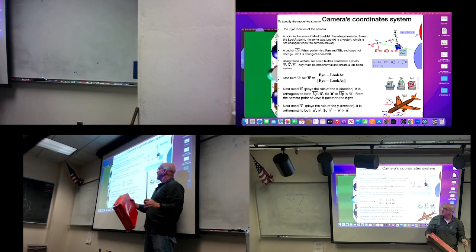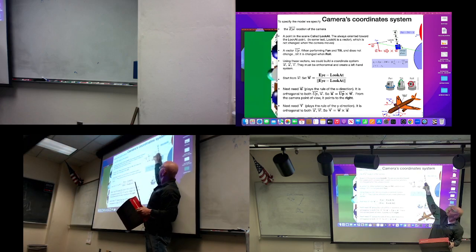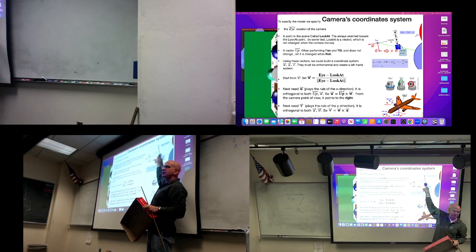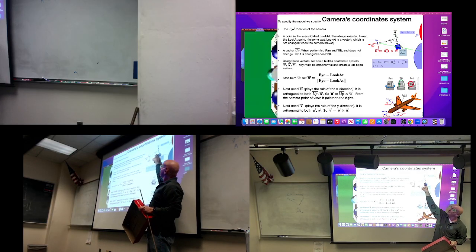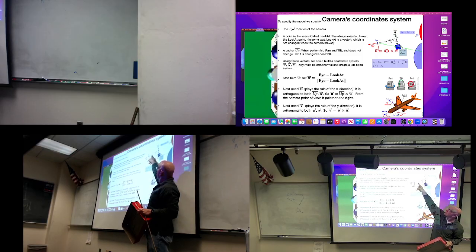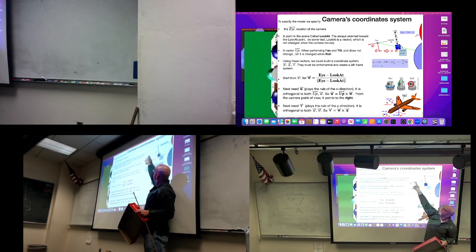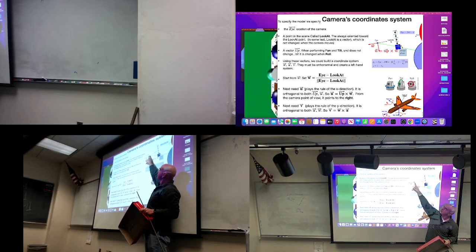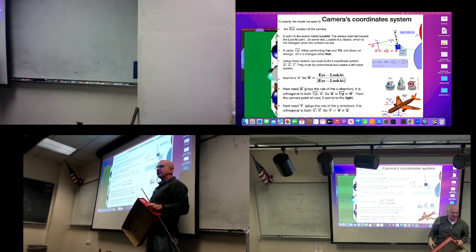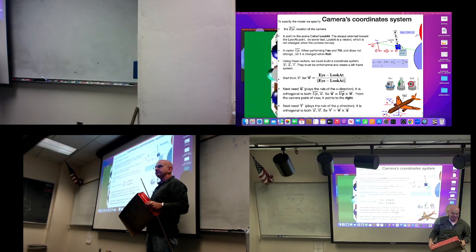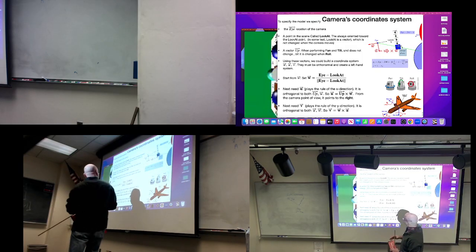So the camera plane, the image plane, which is a factory to generate rays, is orthogonal to the lookat direction, meaning it's orthogonal to W, and it should also be orthogonal to up.